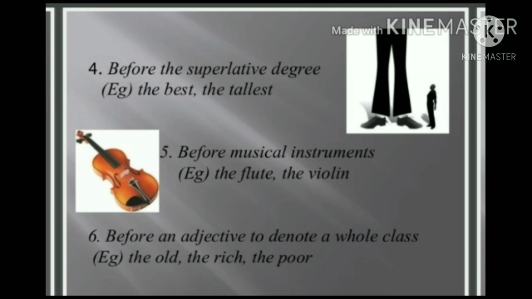Next is well-known buildings like the Taj, the Gateway of India. Countries, if the names contain a common noun like the United States of America, the United Kingdom. Next is we can use it with the directions, that is the north, the west, the east, the south, and with whole families like the Marathas, the Bhatiyas, etc.